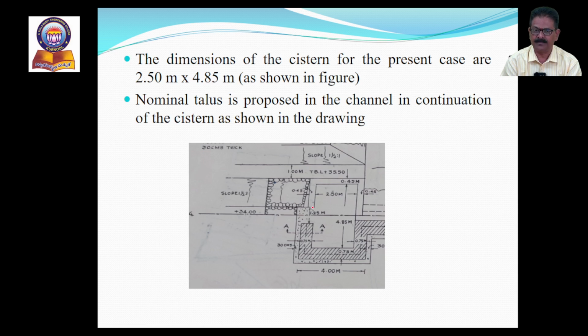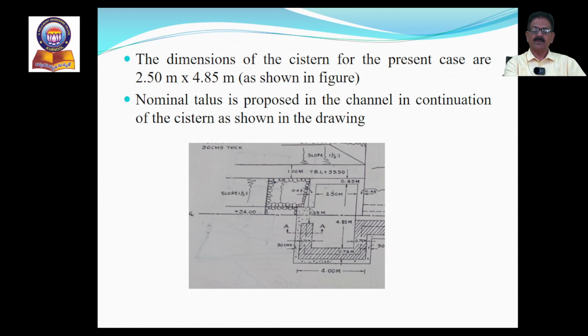This cistern has one opening of size 1.25 meters, provided in the side wall of the cistern. Why are we adopting 1.25? It is given as the bed width of the channel to which the water has to be supplied.